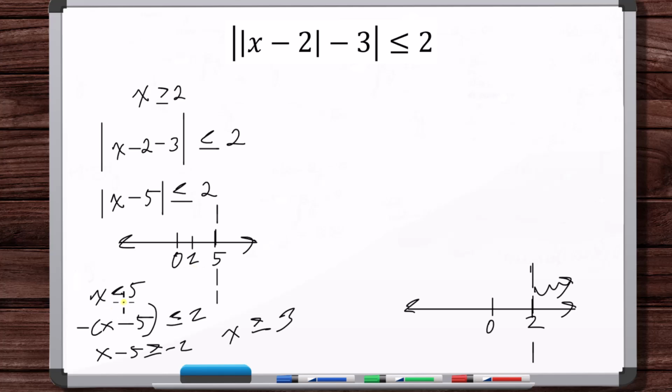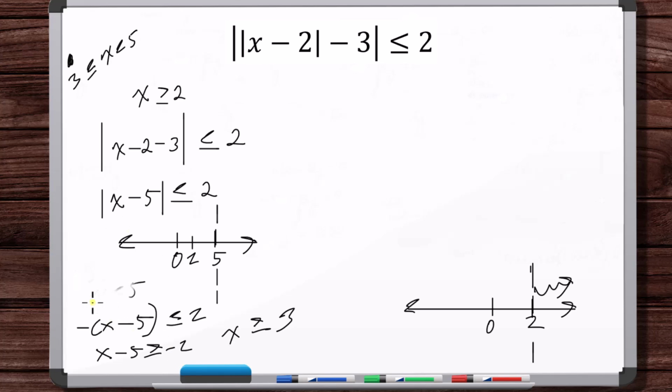So now these overlap between x is less than 5 and x is greater than or equal to 3. But we're only considering this region between 2 and 5. So what we can see is that x is less than 5, not equal to 5, and then greater than or equal to 3. 3 is greater than 2. So there we go. These are solutions.